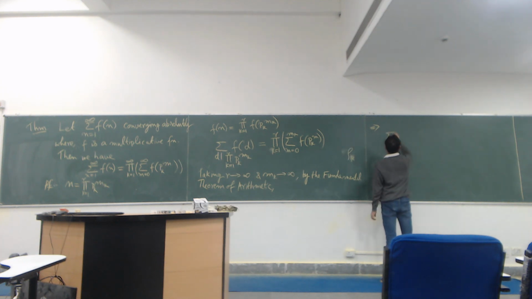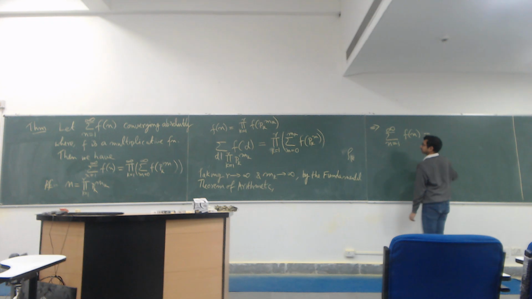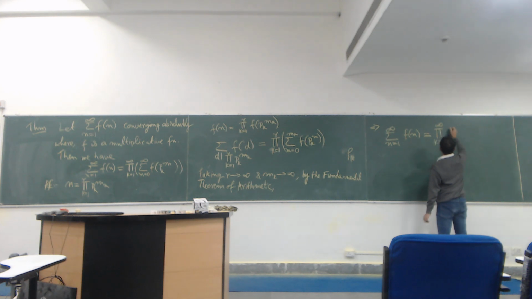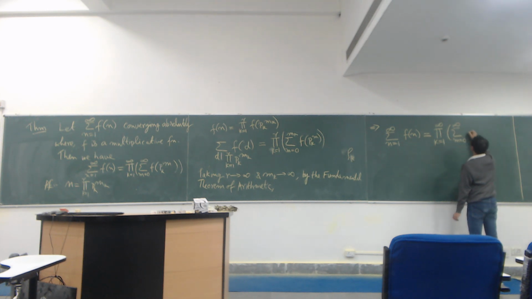Gives one infinity: f of n is the sum, sorry, the product over k running from 1 to infinity of the sum over n running from 0 to infinity of f(p_k^n).